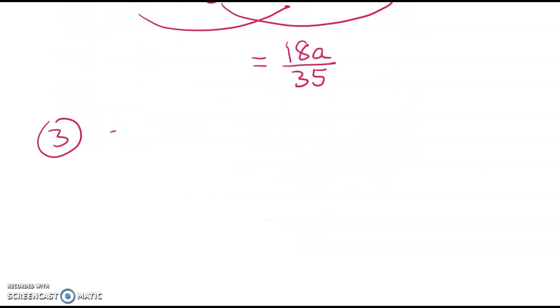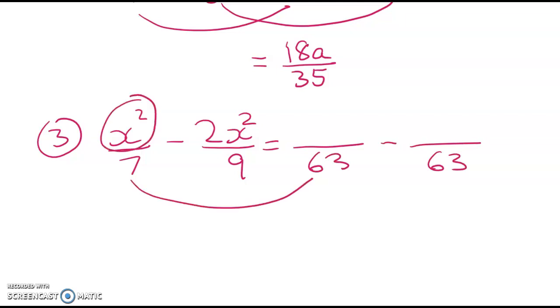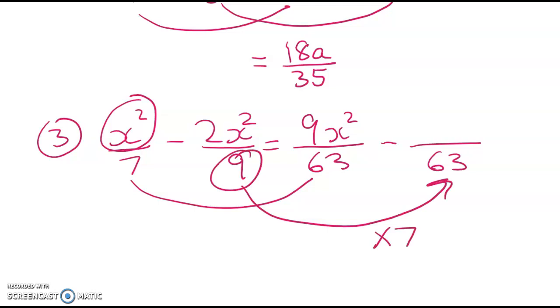Number 3. Exactly the same idea, but we've got x squared terms this time. So my common denominator is 63. 7 9s are 63, so we have to multiply x squared by 9. 9x squared. 9 7s are 63, so we have to times this by 7.